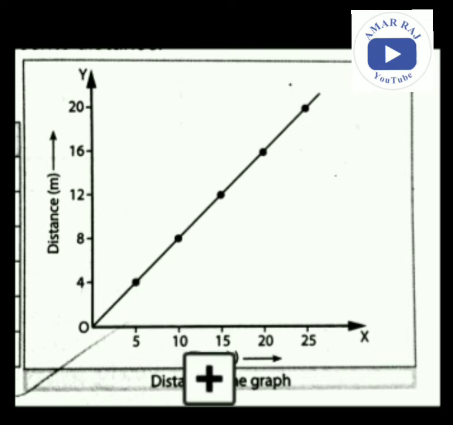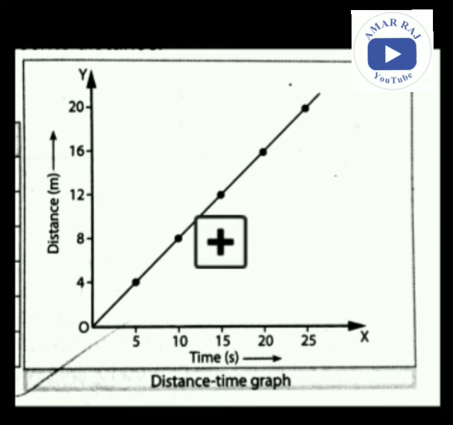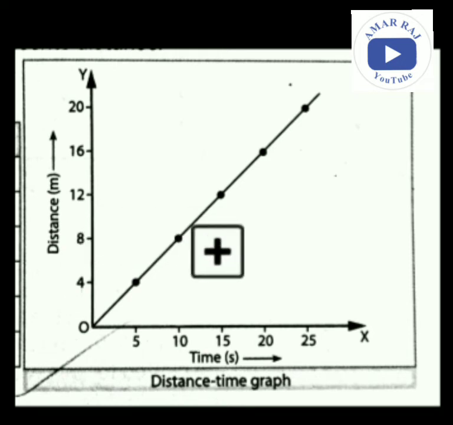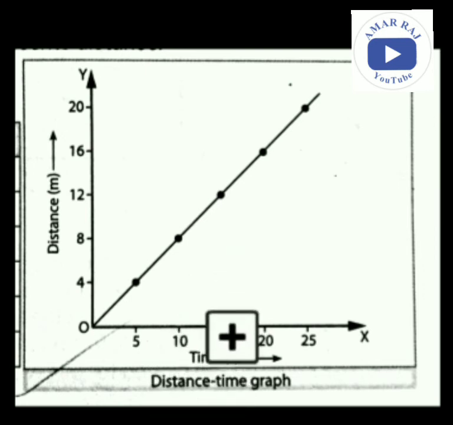Similarly, exactly between 10 seconds and 15 seconds, the distance traveled by the object is, you can see, 10 meter with the help of scale. So students, we can find the distance traveled in between the given intervals with the help of graph, which was not possible in tabulated form.